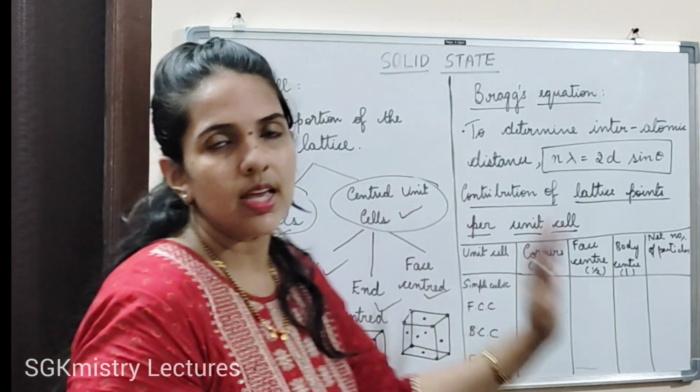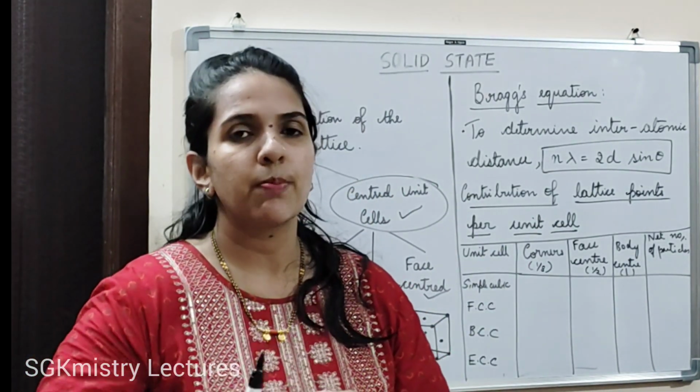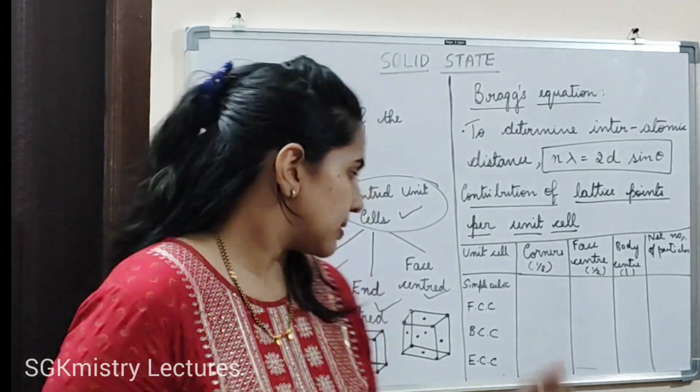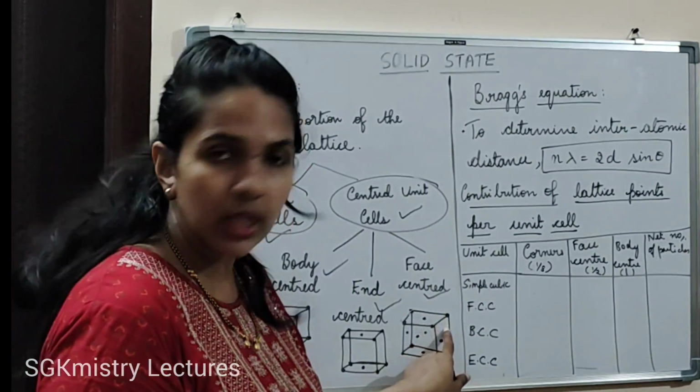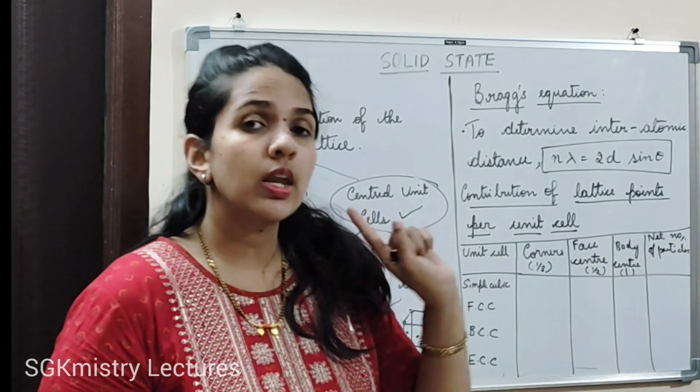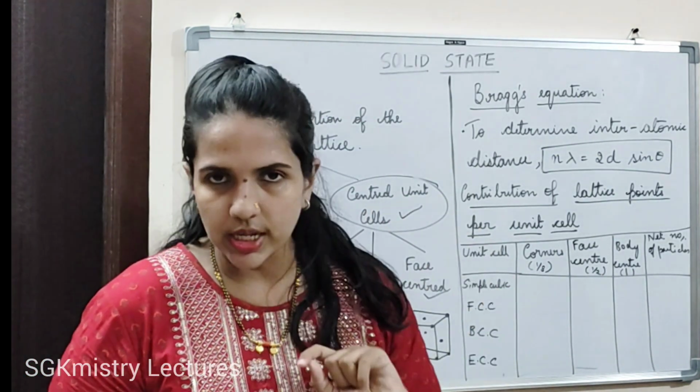In all directions there are other unit cells which are repeated to form the crystal lattice. So one particle present in the corner is shared between 8 surrounding unit cells.